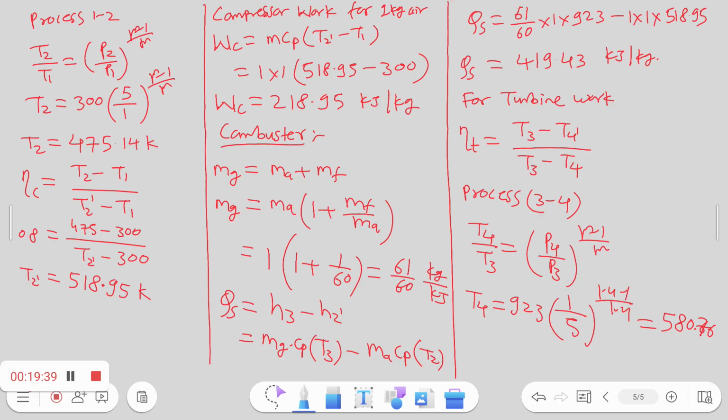So from this, put these values in the efficiency formula. What is the efficiency for turbine? 0.85 equal to T3 923 minus T4 dash, that needs to be calculated, divided by 923 minus 580.76.